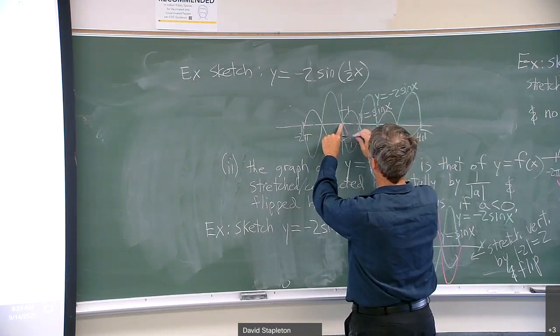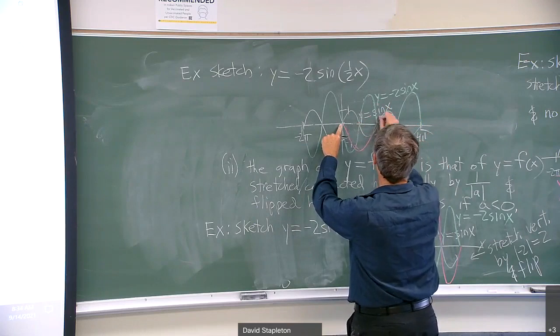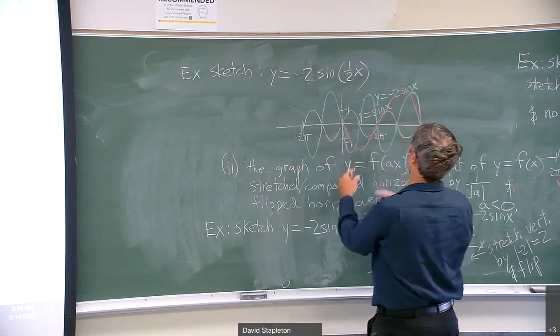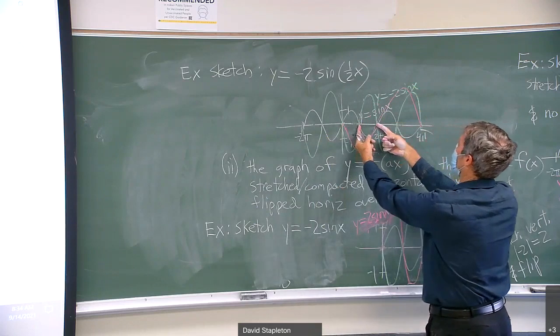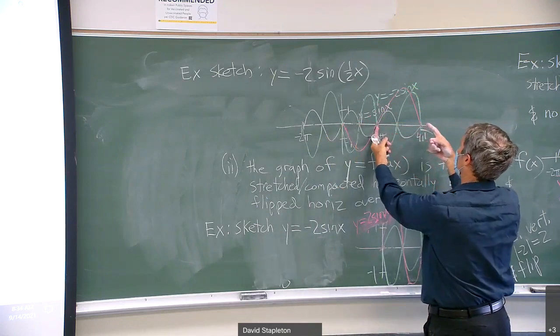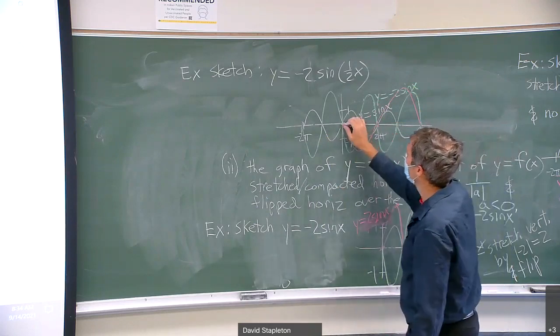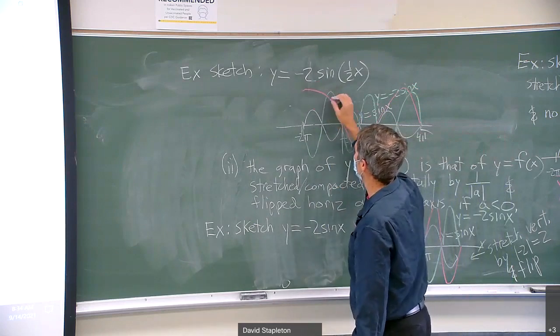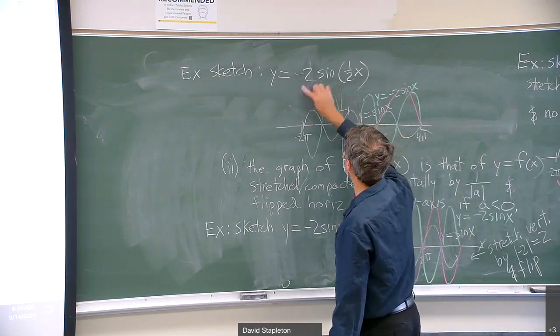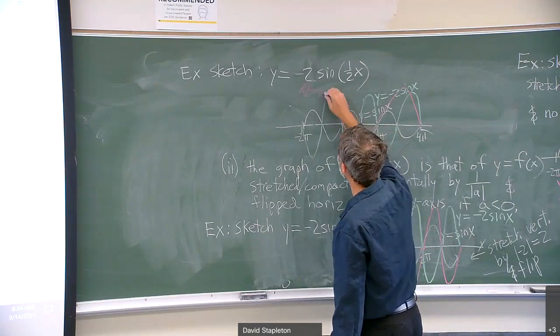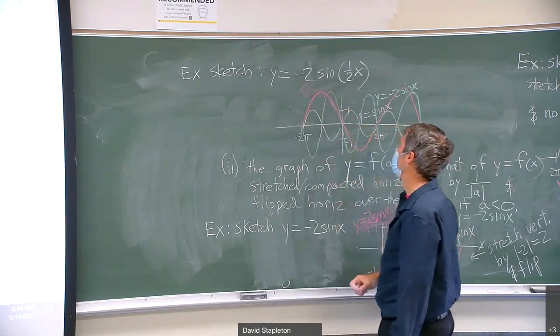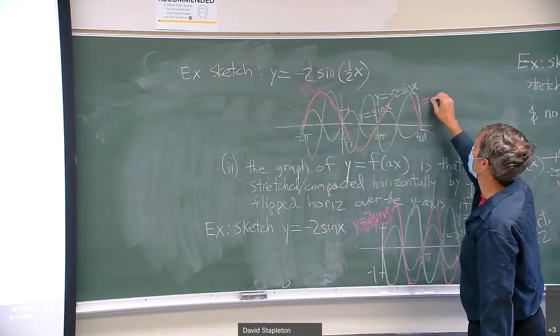Let's see it. 2 pi, it should go back through here, and then like, so instead of crossing at pi, it crosses at 2 pi. Instead of completing a period at 2 pi, it completes a period at 4 pi. Here's y equals minus 2 sine.